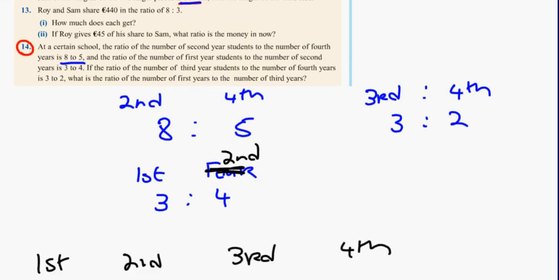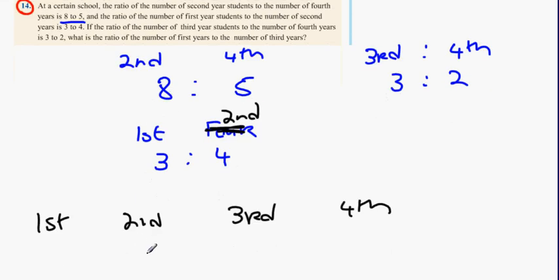Now this ratio here means for every 8 second years, there are 5 fourth years. I'm going to multiply the first and second year ratio by 2. So for every 6 first years, there are 8 second years. Now we can put in 6 here. And now we know for every 2 fourth years, there are 3 third years.